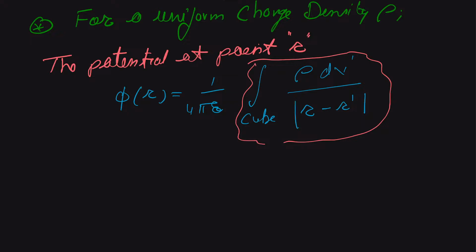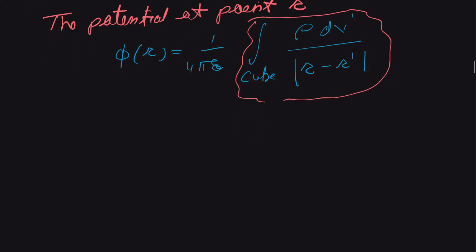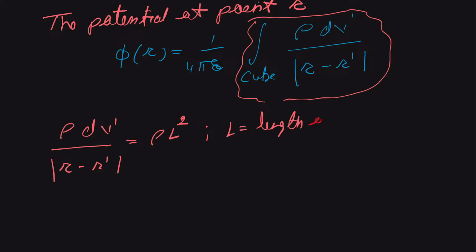So we can say that the integral of rho dV prime over the modulus of r minus r prime will be equal to rho L square, where this L is the length of the edge, and in this particular question it is represented as B.